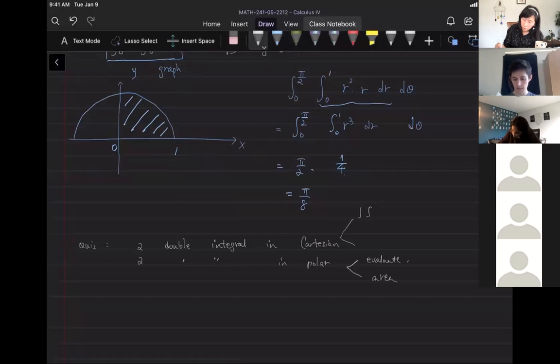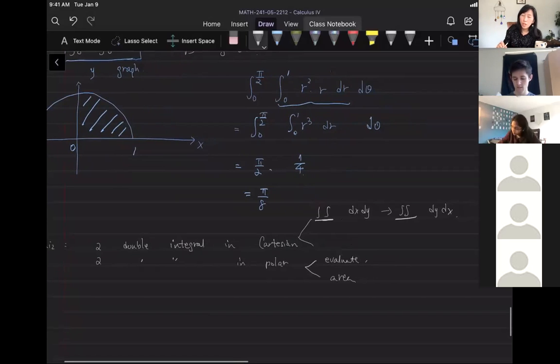I may give you dx dy and ask you to change into dy dx. So do you know how to do that? Given this, draw the graph and change the order, right? Okay, so that's Cartesian. And the second problem, I think, is just evaluation. Let me check quick.